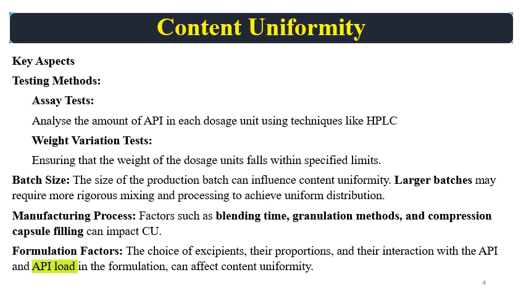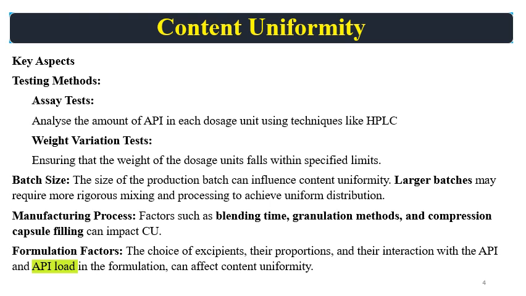Now, what are the factors affecting the content uniformity? The factors are batch size, manufacturing process, and formulation factors. If the batch size is very large, there may be chances of CU failure or CU criticality. The size of the production batch can influence the content uniformity.